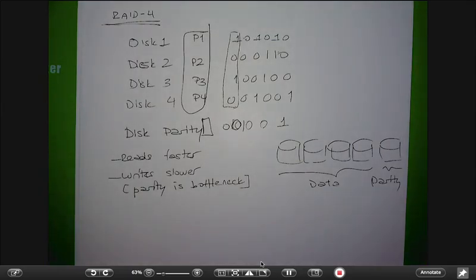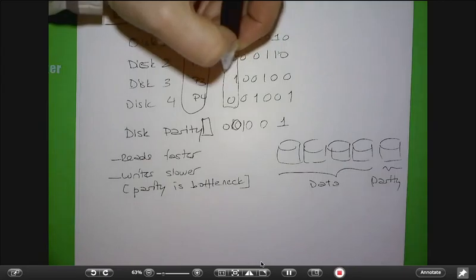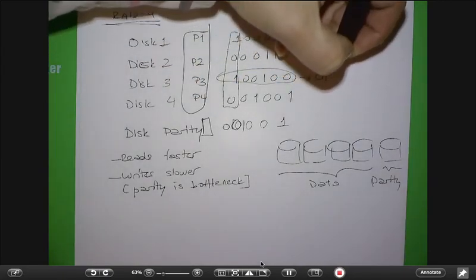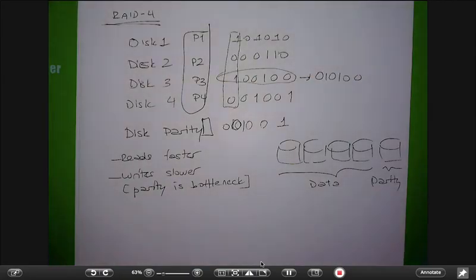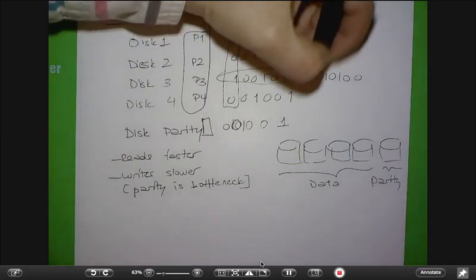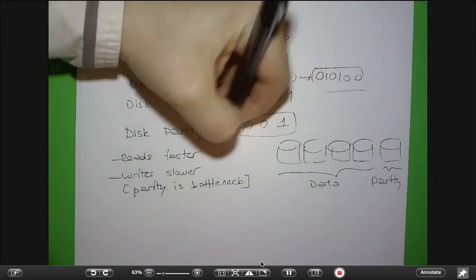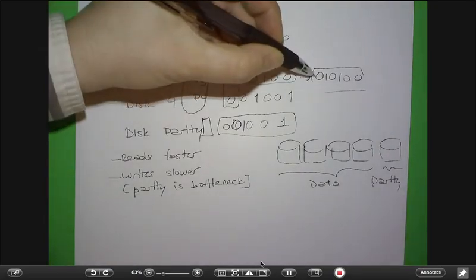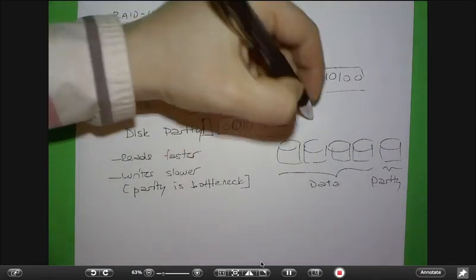But it's not horrible. Let's say you're changing disk 3, so now disk 3 is changed to 0, 1, 0, 1, 0, 1, okay? I don't really need to read the other 3 pages. All I need is this data and the old parity. So I know that this was 1, now it's 0, so I need to flip this one.